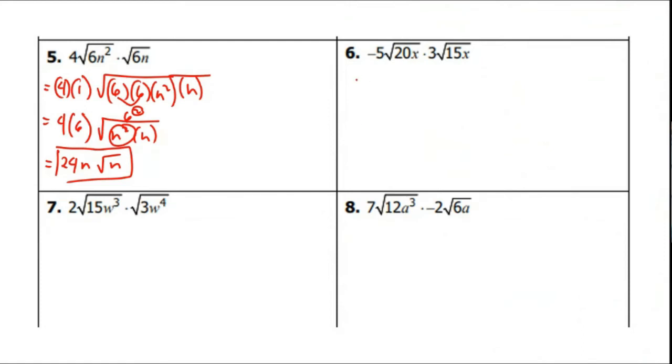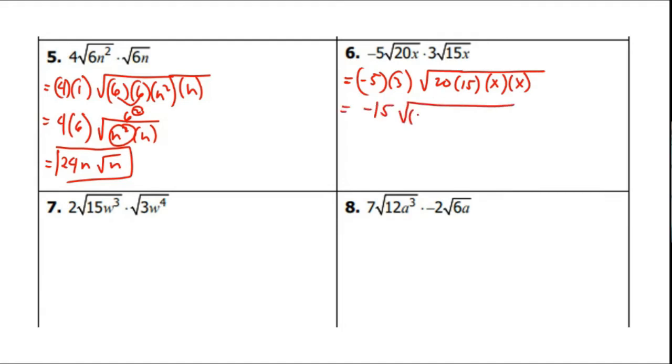Let's move on and have number 6. Negative 5 times 3 square root of 20 times 15 times x times x. Again, we have negative 15. The square root of 20 is the same as 4 times 5, and 15 is 3 times 5. x times x is x squared.